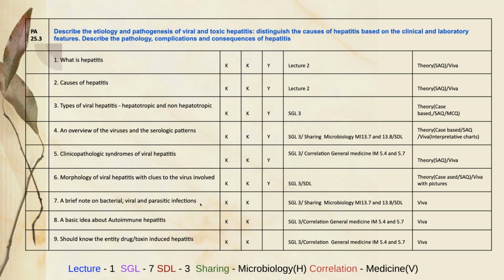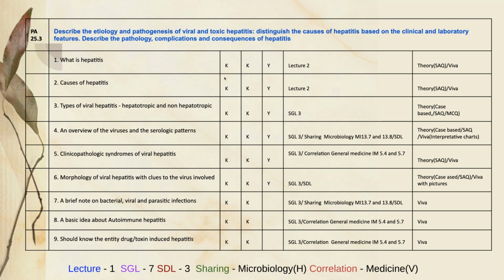Because this is all viral hepatitis you are covering, no? No, it's both viral and infectious. Basically, this competency talks about viral and toxic hepatitis. So where do I put this? There is no competency specifically mentioned for this.